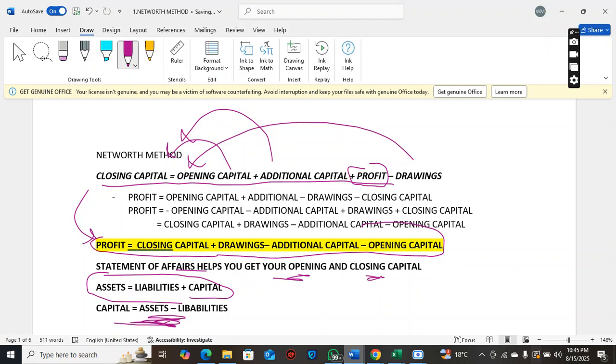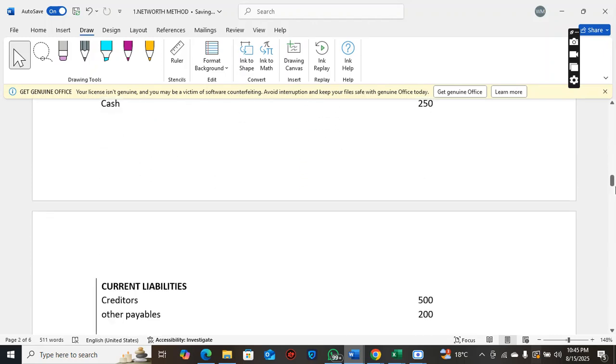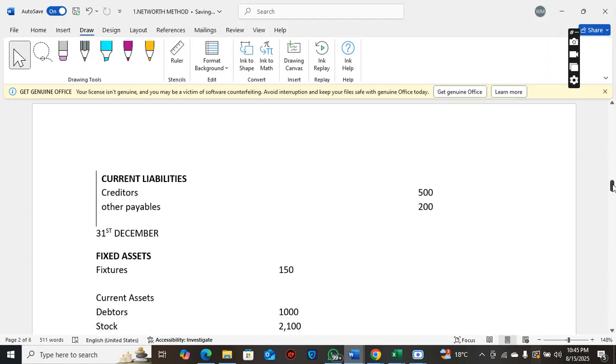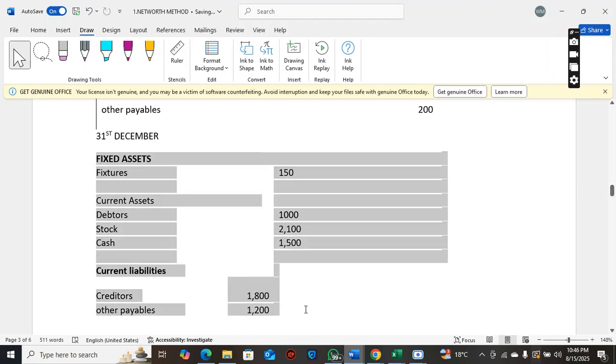So we continue. We made the statement of affairs for the beginning of the year. We've got our opening capital. Now we need to make our statement of affairs for the end of the year so that we get our closing capital.